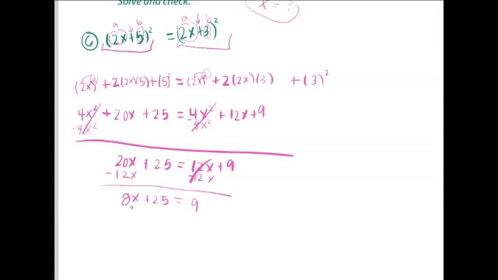We have to get our 25 over, because we have all our x's already on this left side, so let's move this 25 over by subtracting it. The 25's cancel. 8x equals negative 16. To get rid of that 8, divide 8 on both sides. So x equals negative 2. Okay.